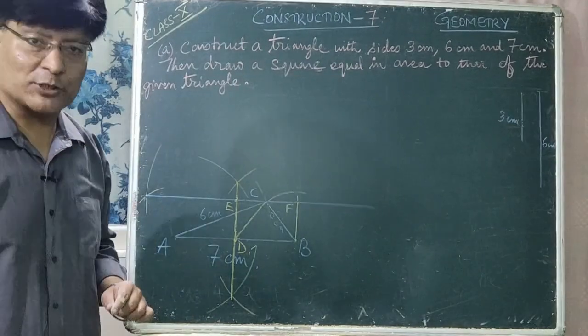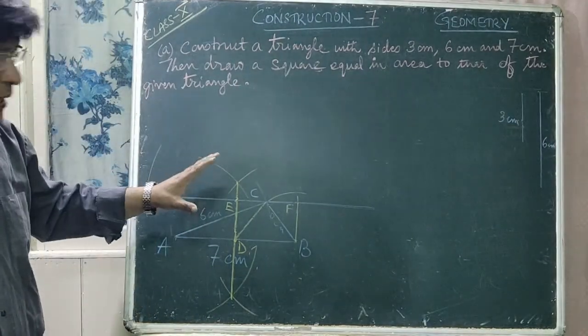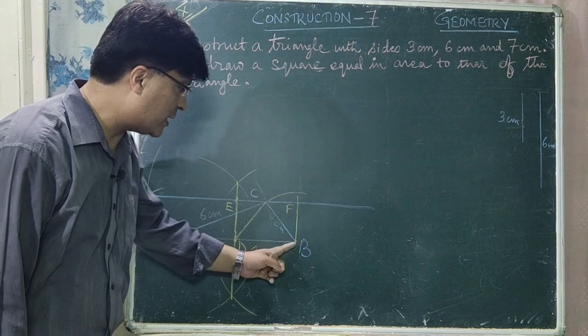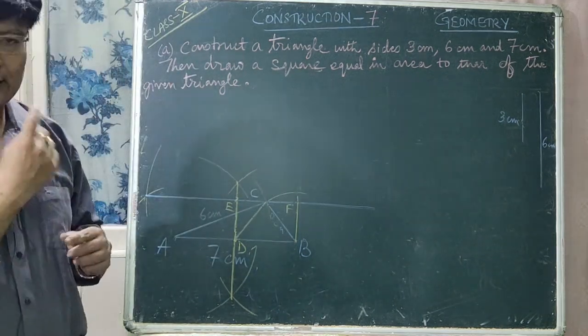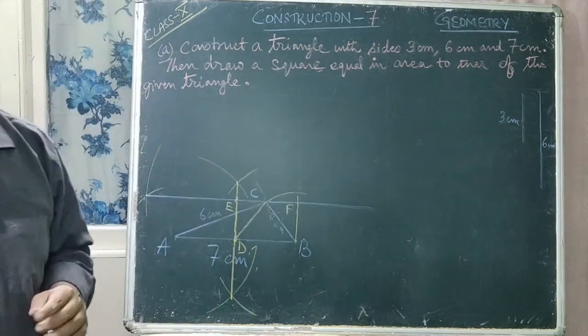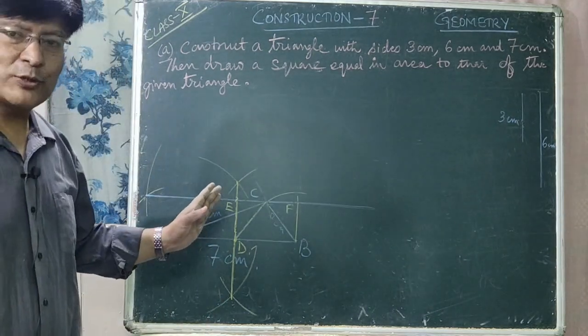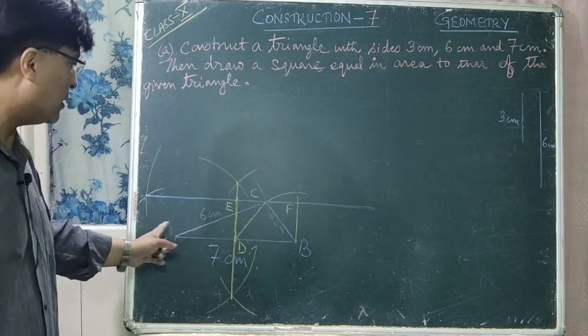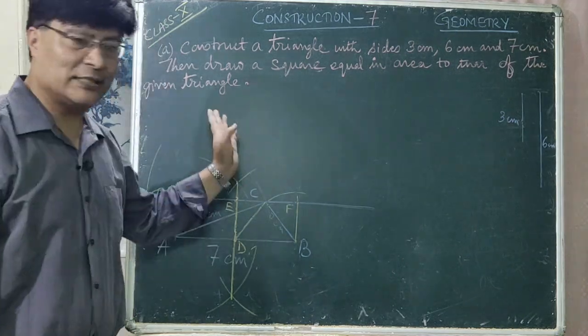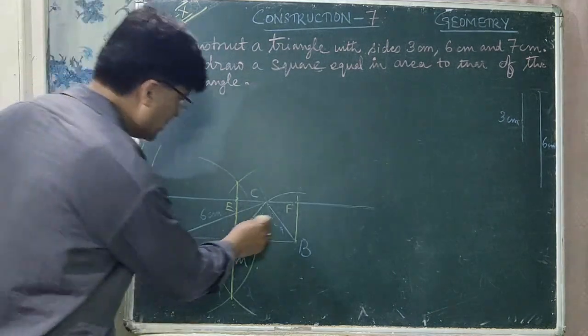As in the previous construction, you have to draw a square whose area is equal to the area of the rectangle BDEF. Now we will use the previous construction. Is that clear to all of you? I think you have understood it.